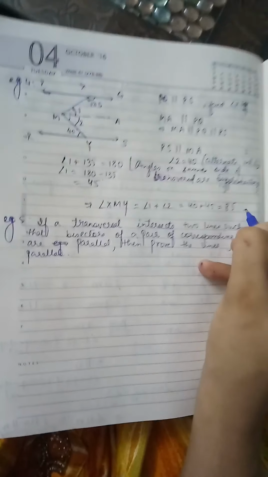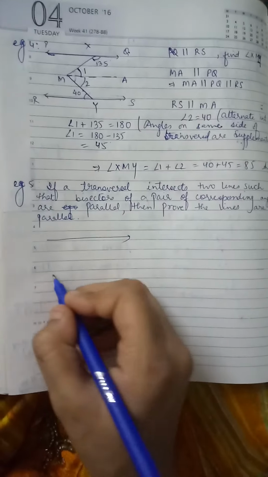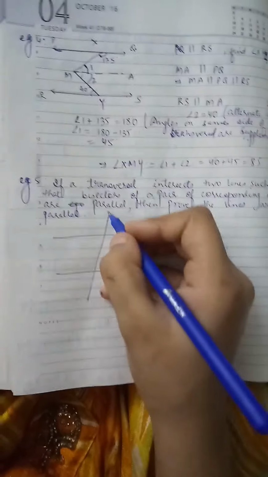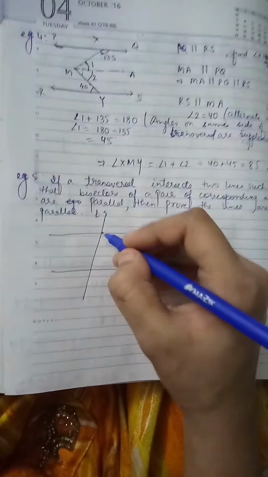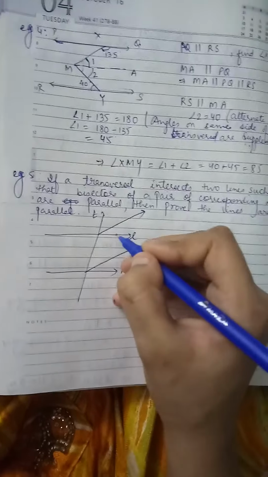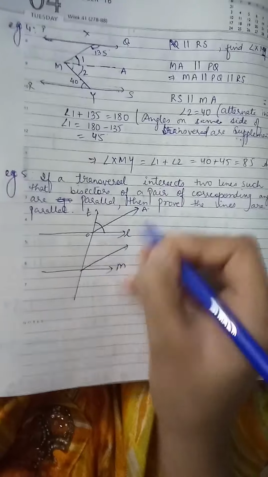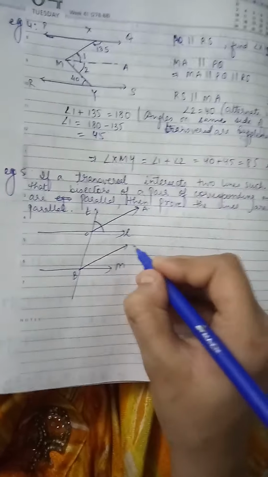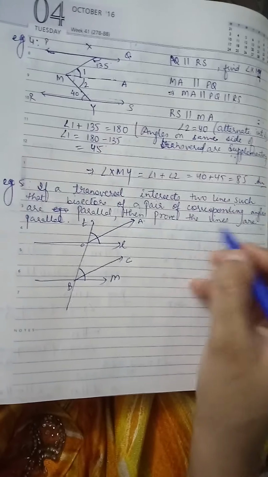Second, if a transversal intersects two lines, L and M are parallel and it is intersecting two lines such that the bisectors of a pair of corresponding angles are parallel. That means OA and BC, these are corresponding angles and corresponding angles are equal.